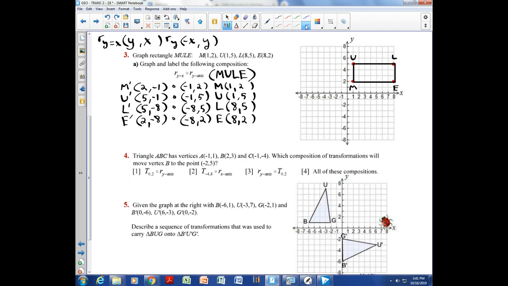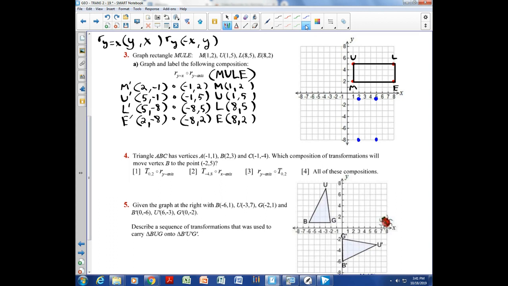So we have M prime 2, negative 1. We have 5, negative 1. We have 5, negative 8. And we have 2, negative 8.